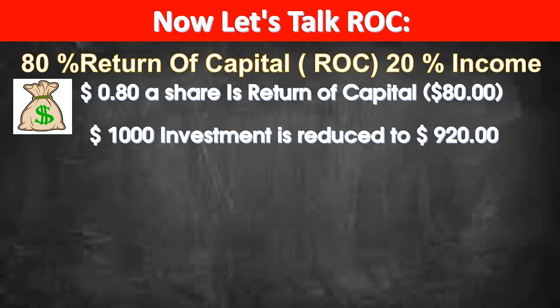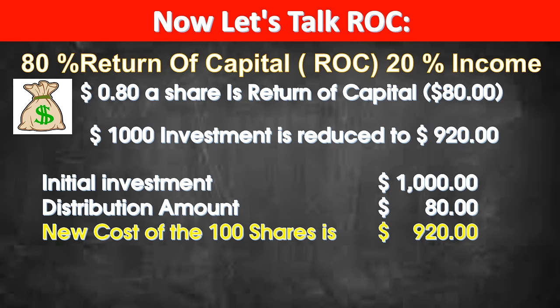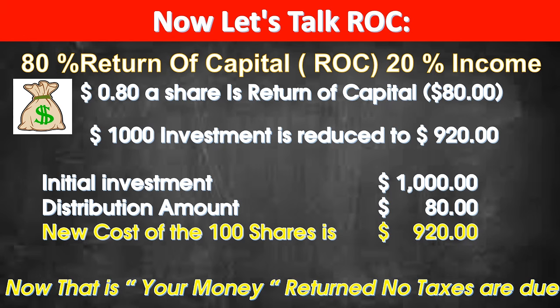It will be reduced by the $80 down to $920. So it's basically giving you your money back. Your initial investment of $1,000, less your distribution of $80, your new cost of the 100 shares is technically now $920. That's your money being returned, so there are no taxes due on it.